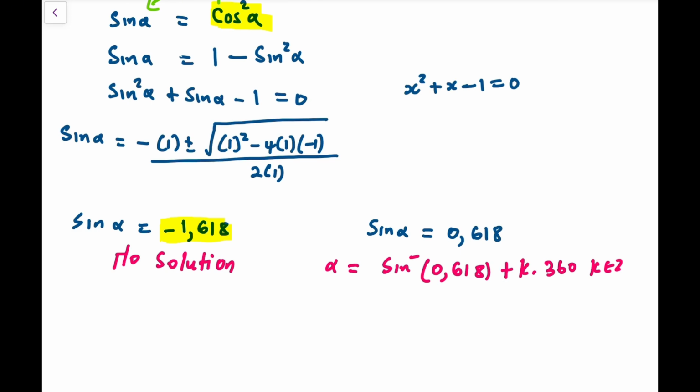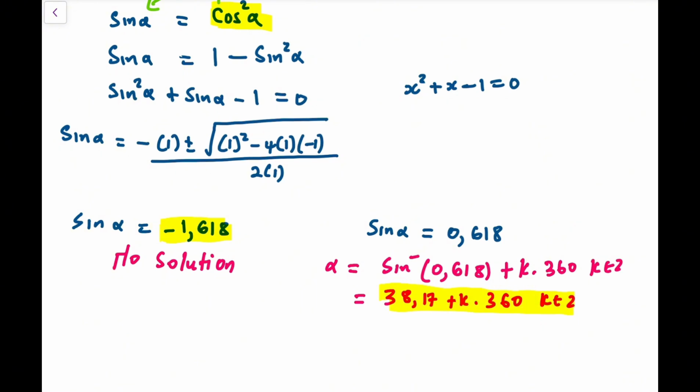And then now this arc sine of 0,618 is the same as 38,17, and then plus k multiplied by 360, where k is an element of integers. This is our first solution for sine.